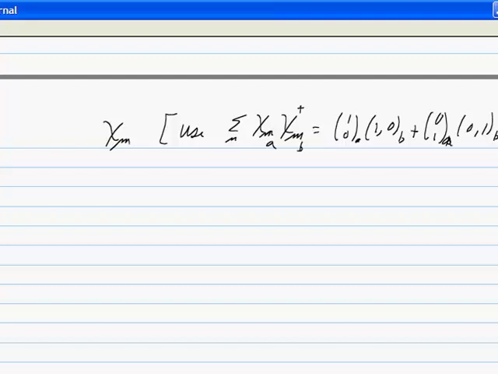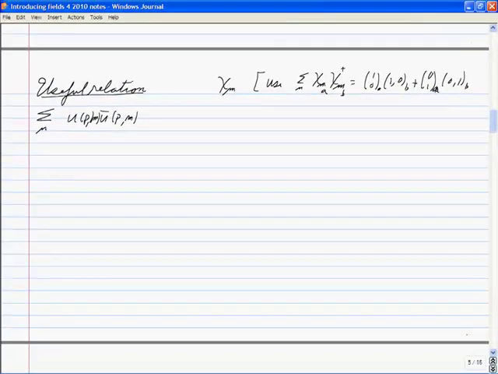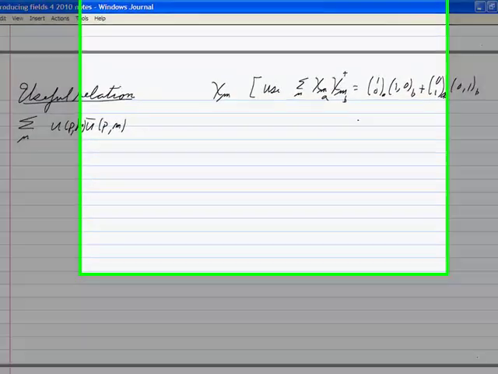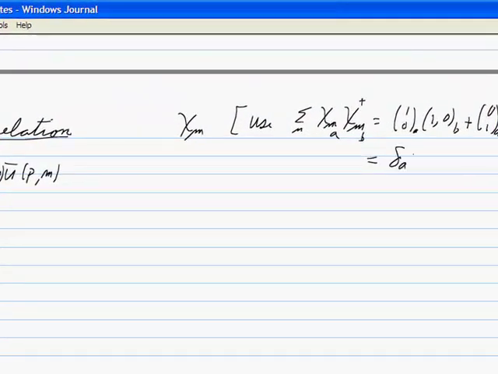So if A and B were equal to the upper one, then this would be 1 and this one would be 0. If there's a lower one, then this is 1 over here, that's 0. This is equal to delta AB is what I wanted to do. Okay, which is like the unit matrix AB component.